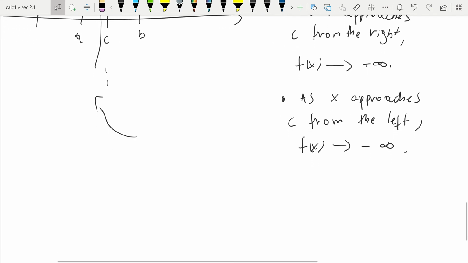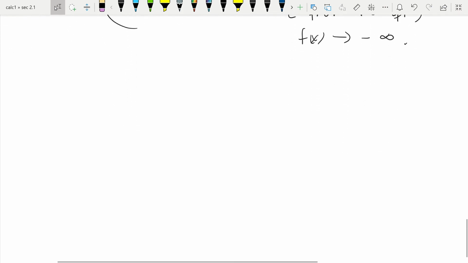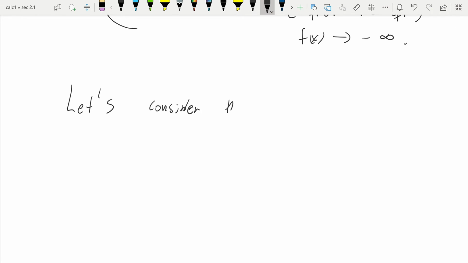So with these examples in mind, let's see why we care about this concept of limit. Let's consider the following questions.